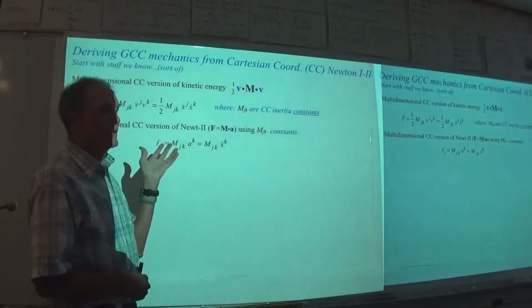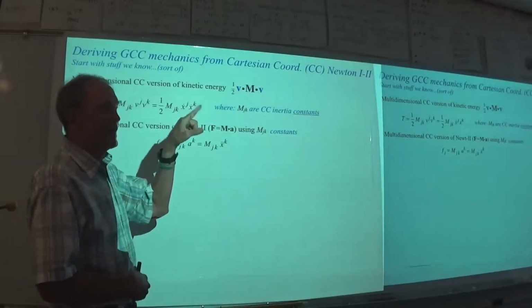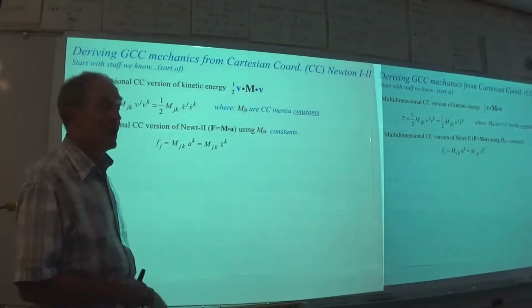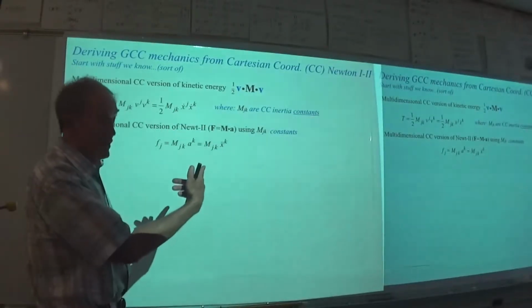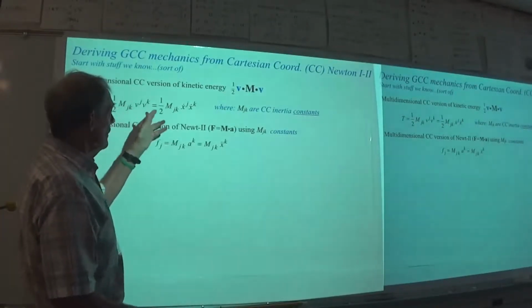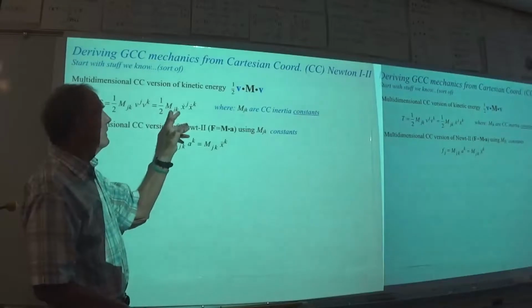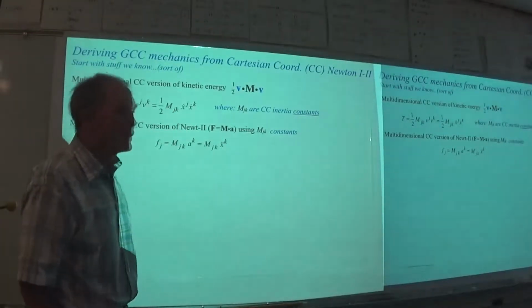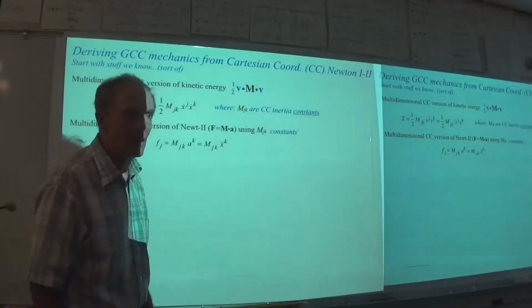And it was always diagonal. There was just the mass of the ball and the mass of the pen, right? Or the mass of the SUV or the VW, right? We didn't have anything but zeros off diagonal. Here I'm getting ready, and I'm willing to have off-diagonal M matrices in the Cartesian coordinate system of this thing.